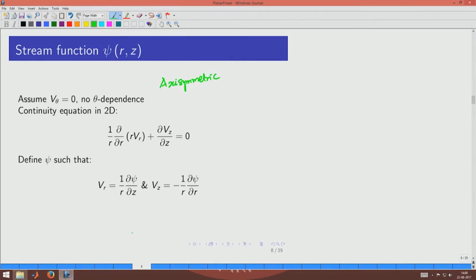We can define the stream function for axisymmetric flow in this manner, and when we substitute, we see that the continuity equation is satisfied. So, this way we can define the stream function for 2D flows in a cylindrical coordinate system in two different manners.